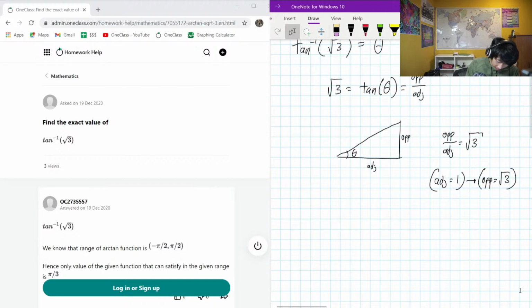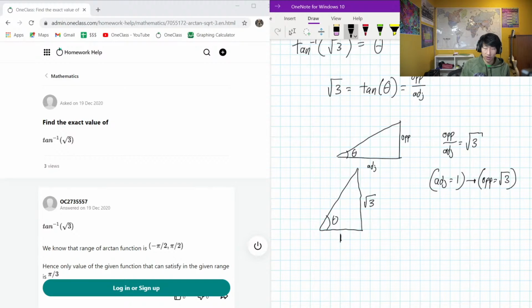If we were to draw this out, and we know that this is 1 and this is root 3, we'd pretty much be looking for the angle like that. Now, which angles do we know correspond to having this? Oh, I see.